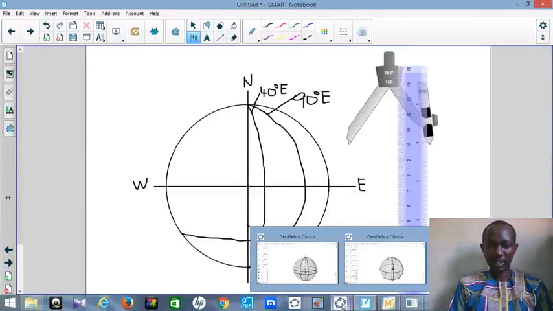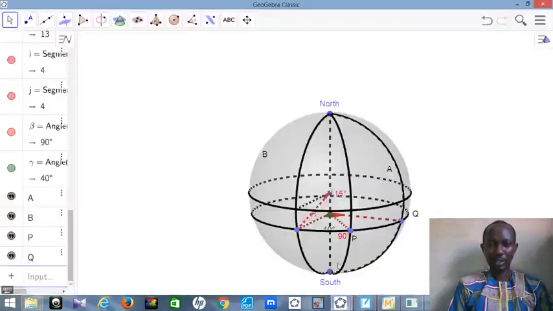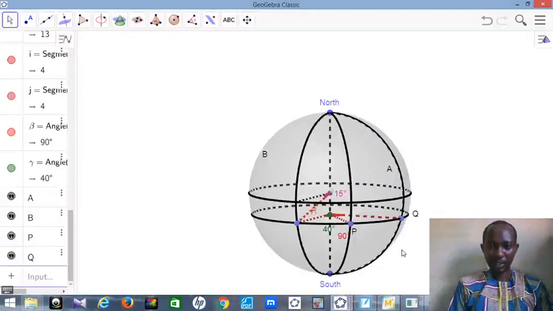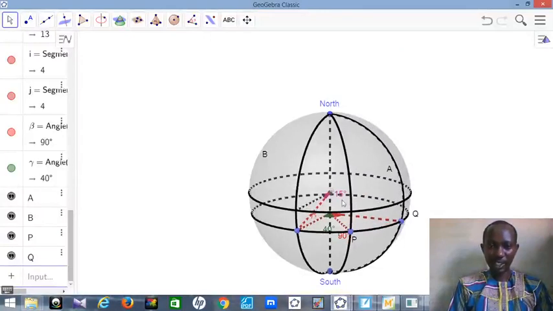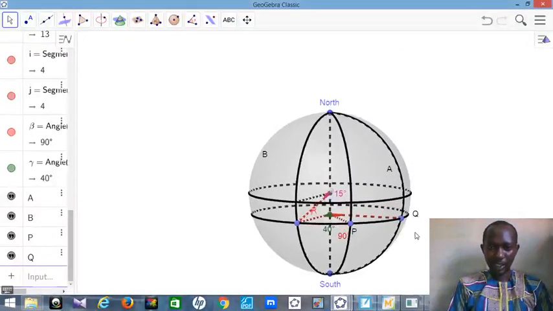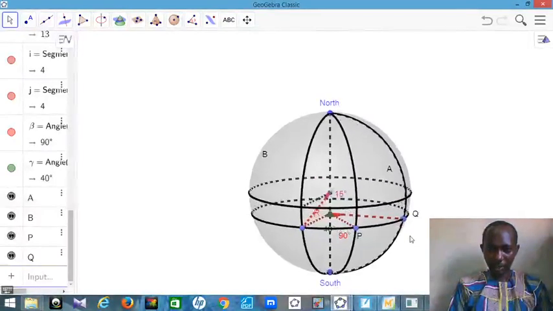Let me show you so that you understand what I'm trying to say. You can see what I'm trying to demonstrate. The main center of this is the center of the circle. But for 15 degrees south, you see the 15 degrees that came down, this is now the center. So this is what I'm trying to show you on that paper. So I say let's take here the center.